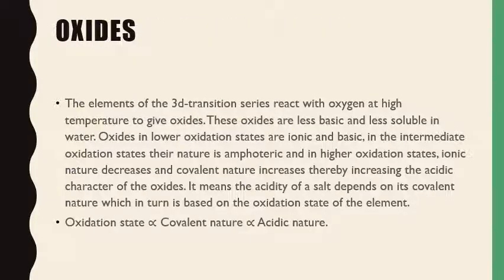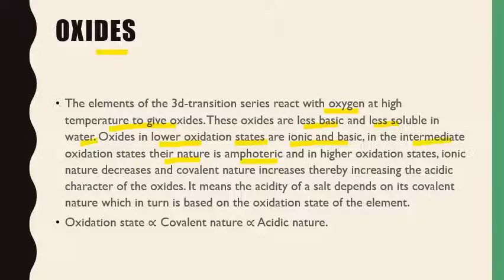The first binary compound is oxides. The elements of the 3d series react with oxygen at high temperature to produce oxides. These oxides are less basic and less soluble in water. The oxides in the lower oxidation state are ionic and basic. In the intermediate oxidation state, their nature becomes amphoteric.